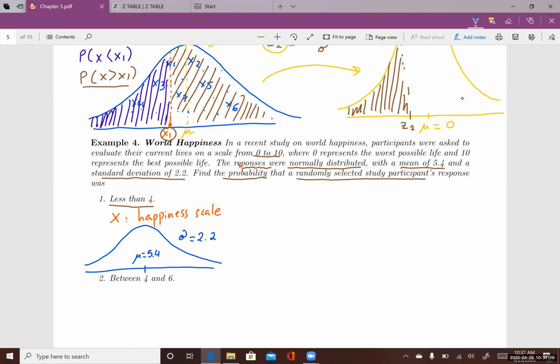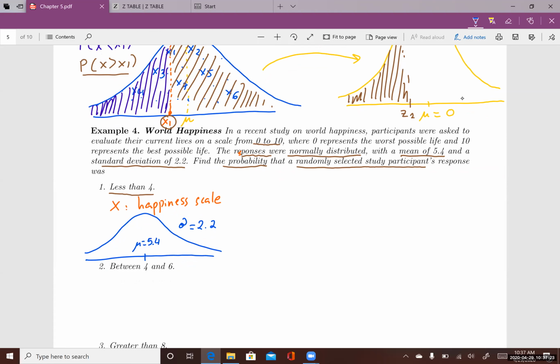Now the question is, if you randomly select a study participant, so if you randomly pick one response from all of the responses that you collected, what is the probability that that random response will be less than 4?